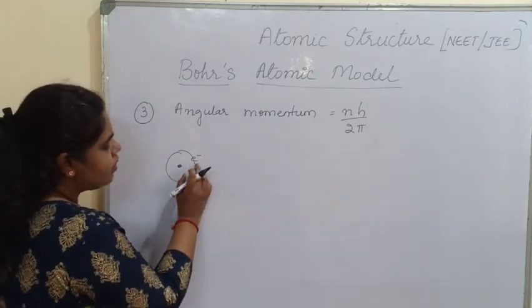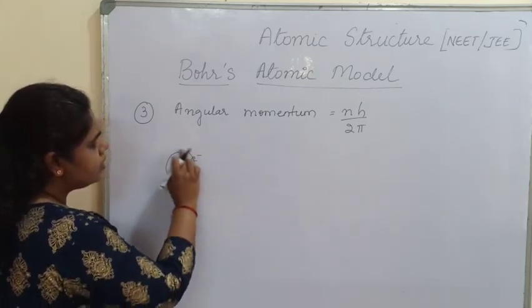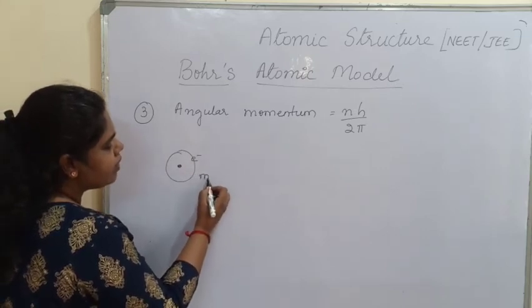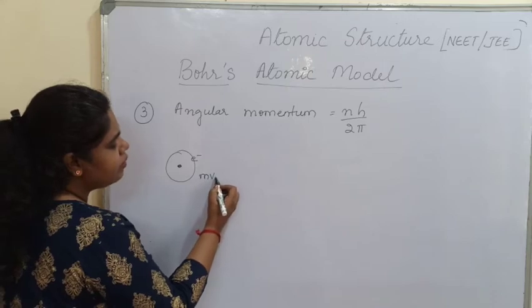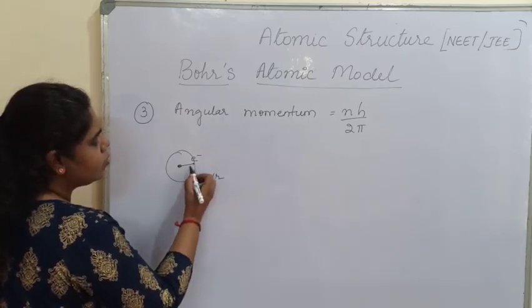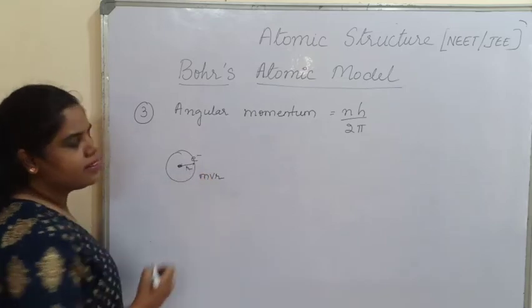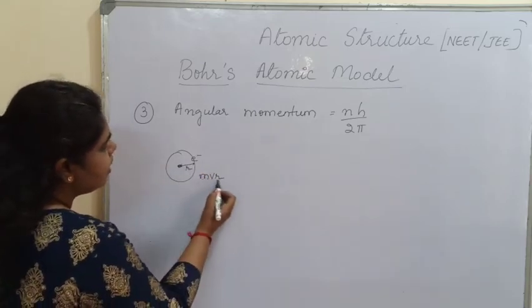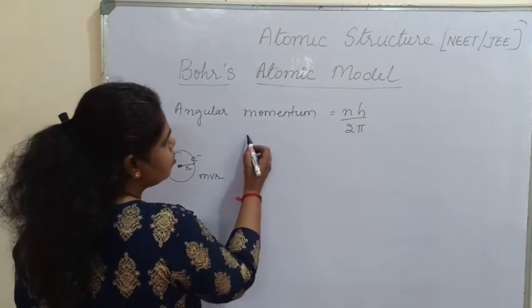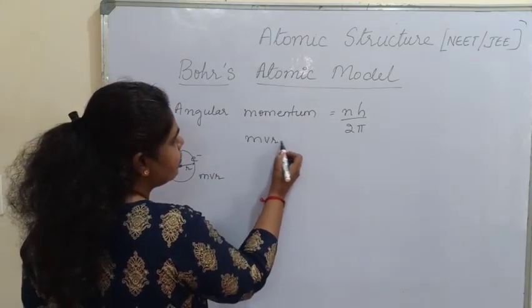If an object is moving around the nucleus in a circular path, we can calculate its angular momentum by the formula mvr. r is the radius from the nucleus to the electron. This distance is the radius. So mvr is angular momentum.